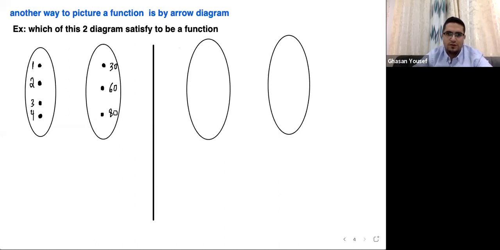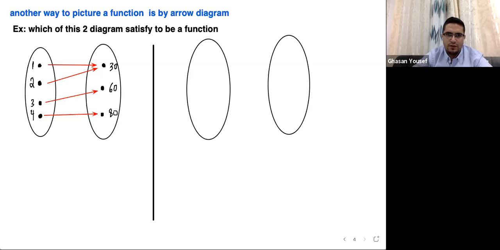So for the first one, 1 goes to 30, 2 goes to 30, and the 3 goes to 60, and 4 goes to 80.